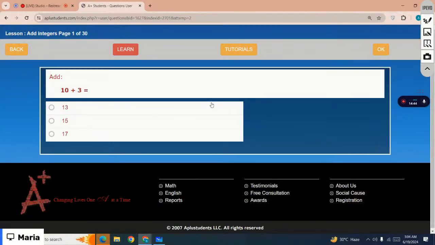Both the numbers are positive. When a number is not given with any sign, that means it is positive. Otherwise, you are given a negative sign. So we just add them. 10 plus 3 is 13. The correct option is option number 1. You simply have to add them.